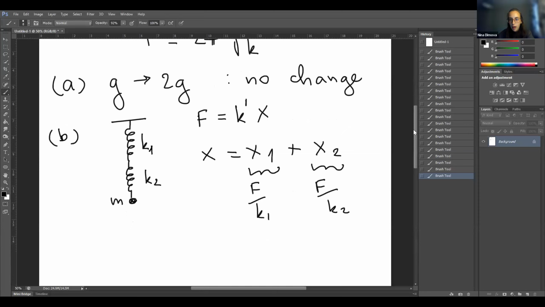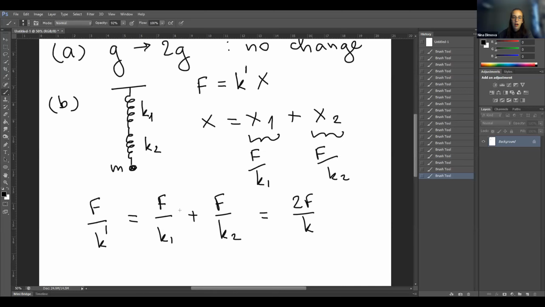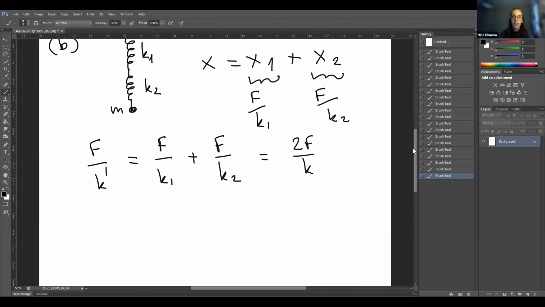So we can combine all of this, and we can write that X from here, which is just our total force over our new coefficient, is equal to that same F over K1 plus F over K2, or this would be equal to 2F over K if we agree that K1 is equal to K2 is equal to just K, because we're told that the two springs are the same. Again, I'm just writing the coefficients to keep track of the idea.